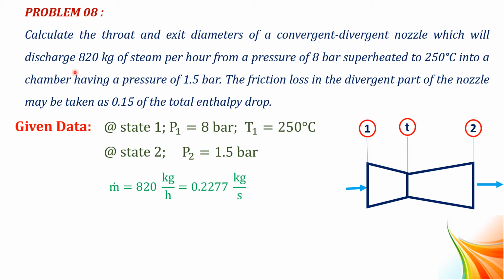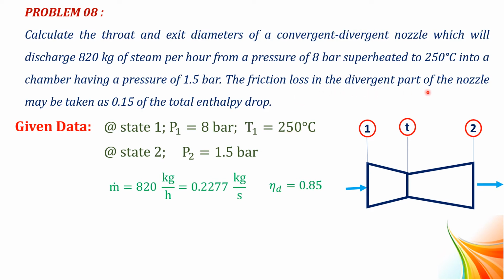The nozzle discharges 820 kg of steam per hour, so mass of steam m dot equal to 820 kg per hour. You have to convert to kilogram per second by dividing by 3600.